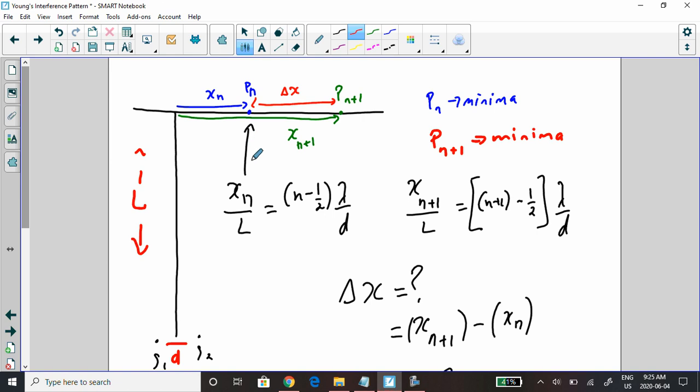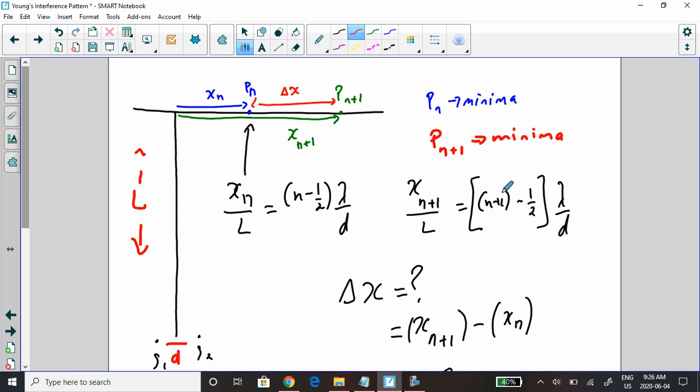Well, what do we know? We know from our work that I have an equation that'll tell me where I can find xn. It's this equation right here. And I also can use that equation for where the nth plus 1 minima would be. Instead of putting an n in here, I put an n plus 1.